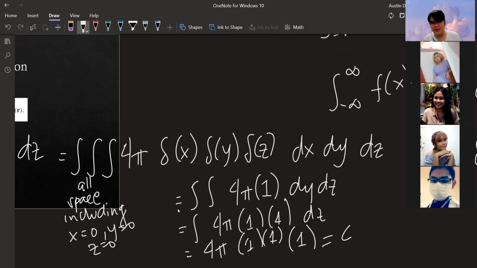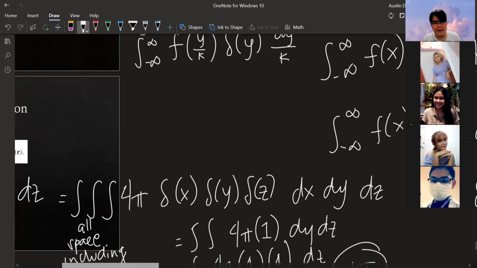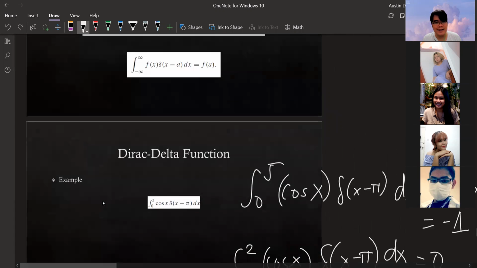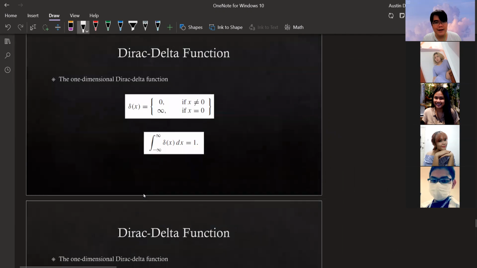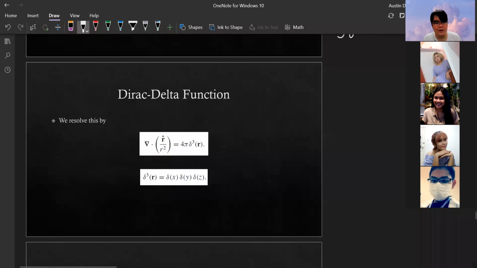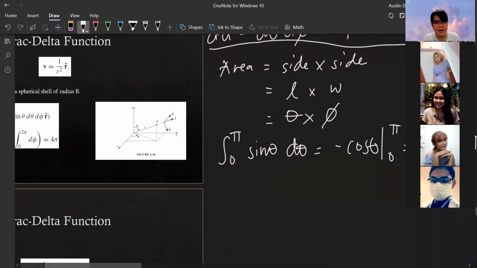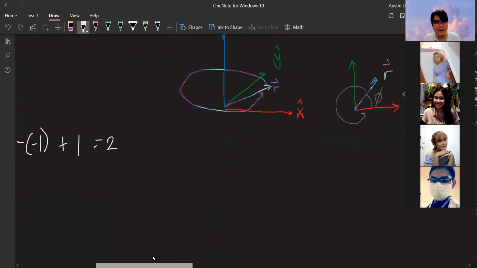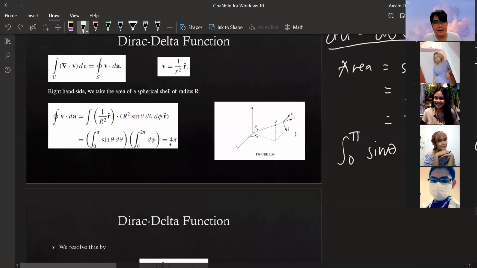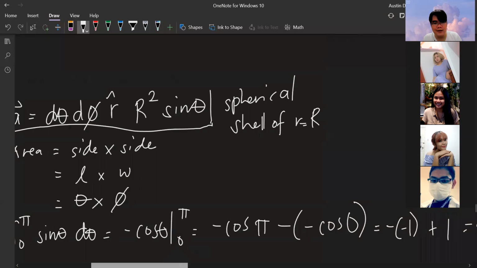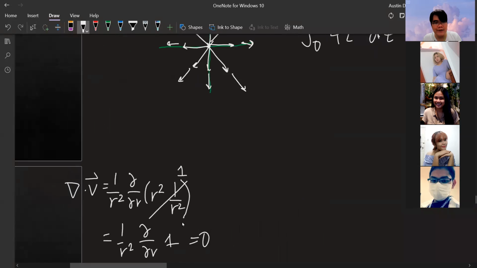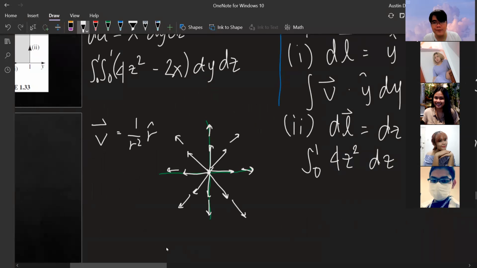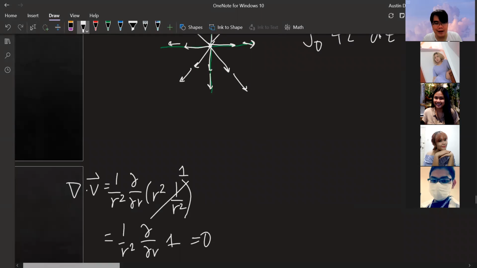And that gives me 4 pi. And ayun yung binigay ng right-hand side natin, which is 4 pi. Now, it makes sense na dapat, intuitively, may divergence yung ganitong function natin. Okay? And we have resolved that using Dirac delta function.